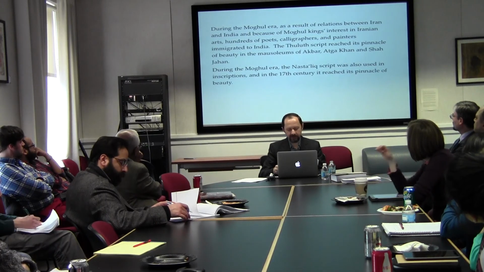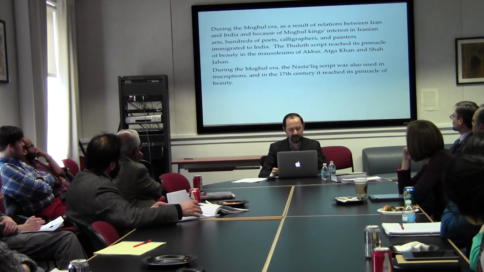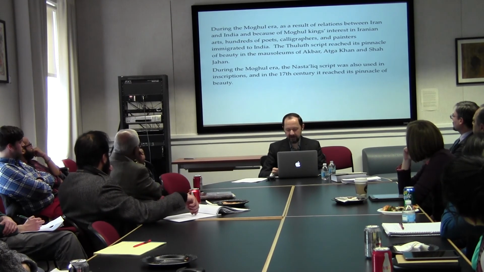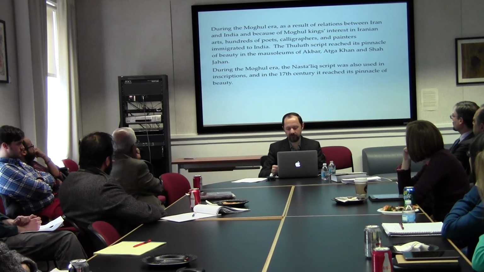During the Mughal era, as a result of the relation between Iran and India and because of the Mughal kings' interest in Indian arts, hundreds of poets, calligraphers and painters immigrated to India.